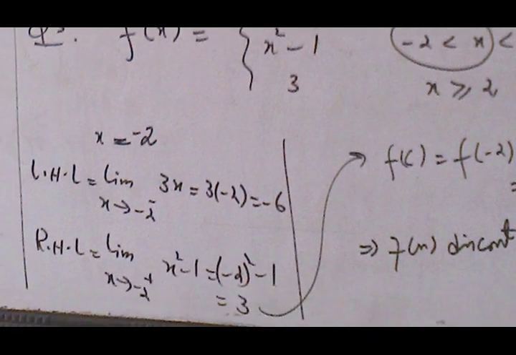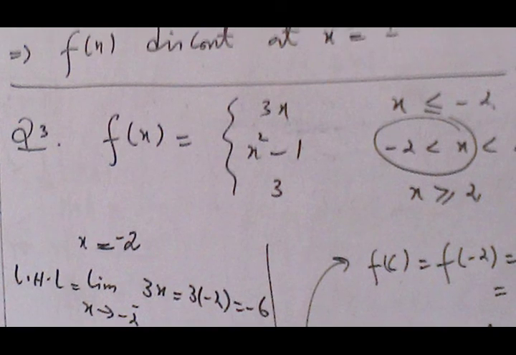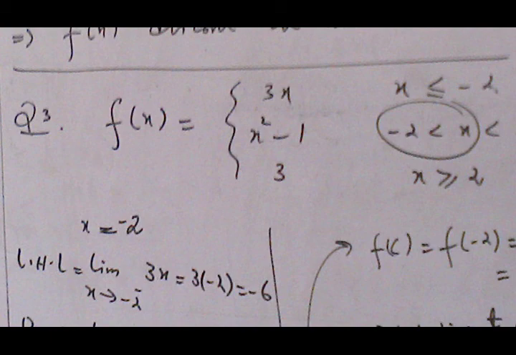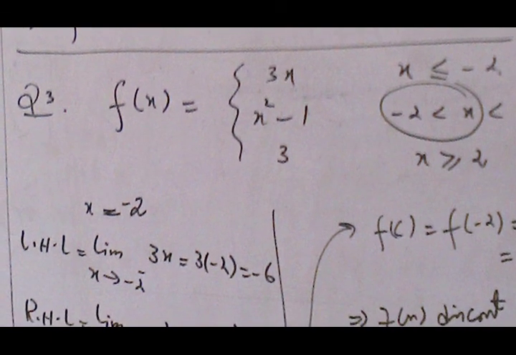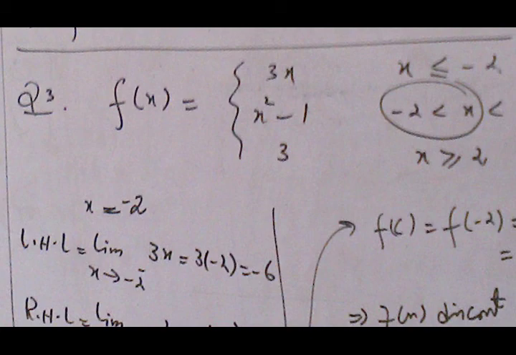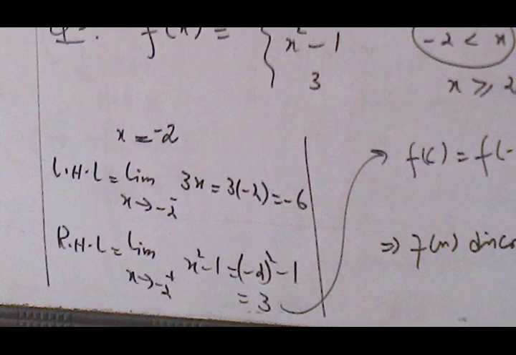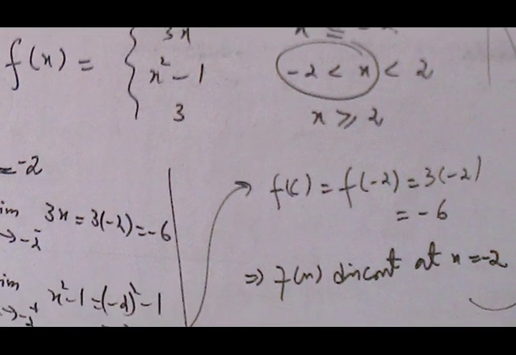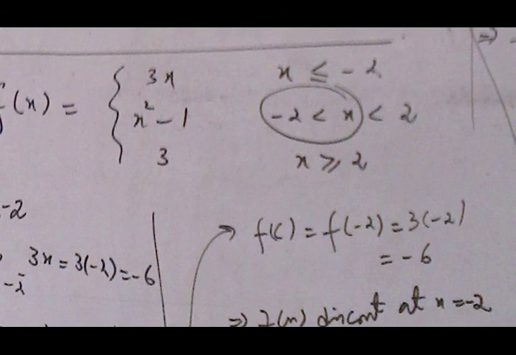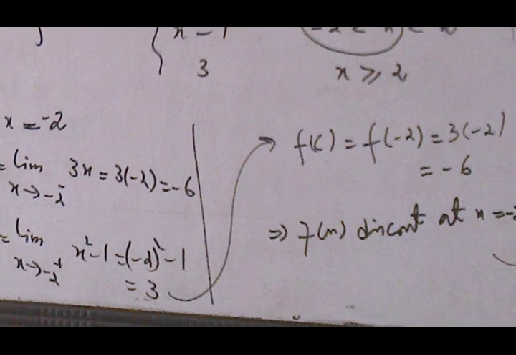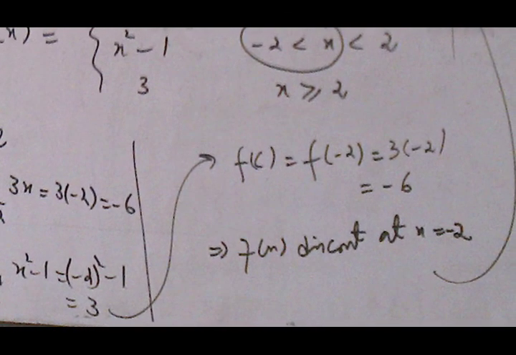Now for -2, the left-hand function is 3x, and for right-hand we have the second function, because here we have x greater than -2, it is the right-hand function. And for f of c, for -2, the equal sign is in the first function. Now all three values are not equal, therefore at -2 it is discontinuous.